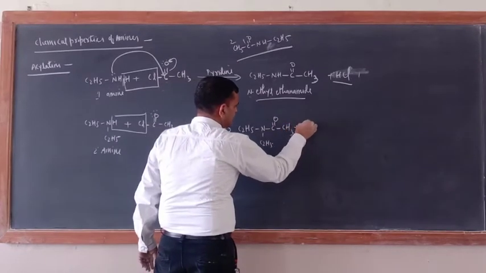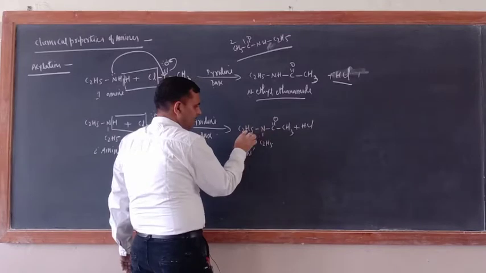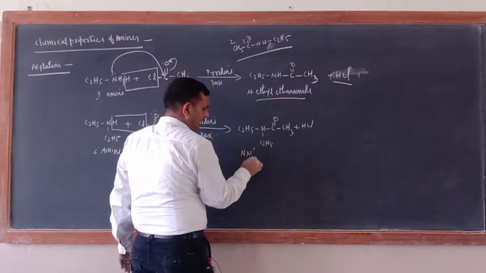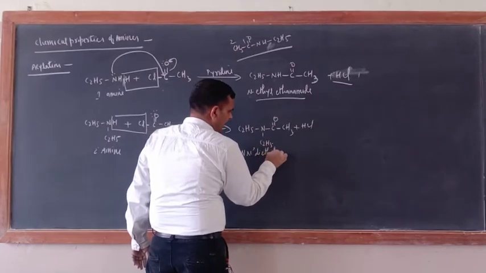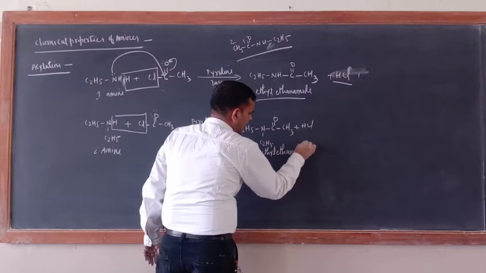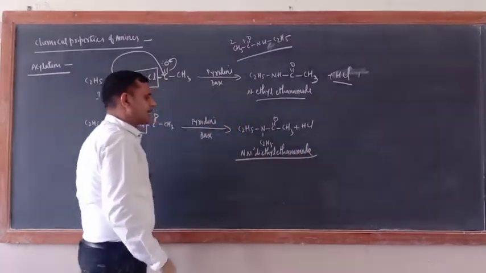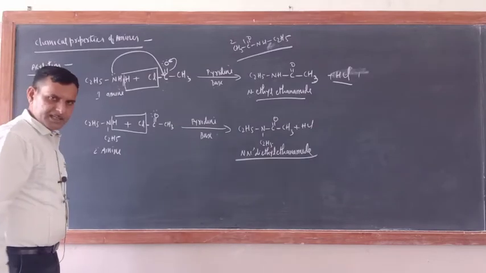Plus here HCl. With N, 2 alkyl groups are there. N,N-diethyl ethanamide. N,N-diethyl ethanamide. No problem at all.